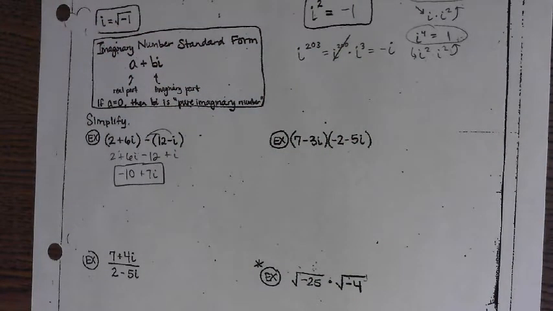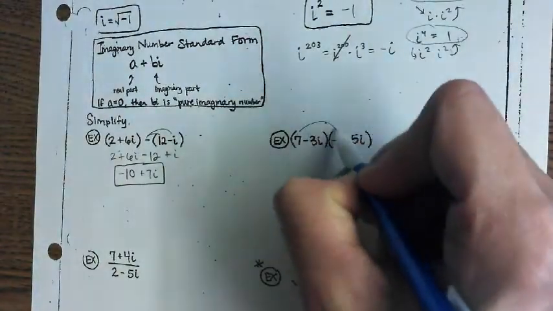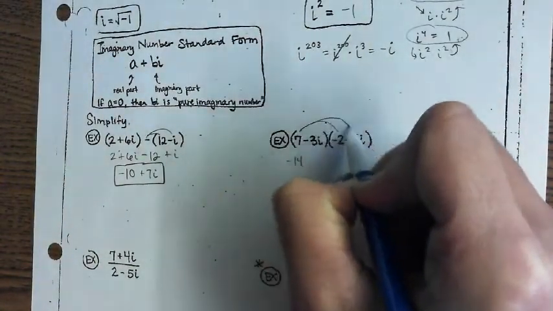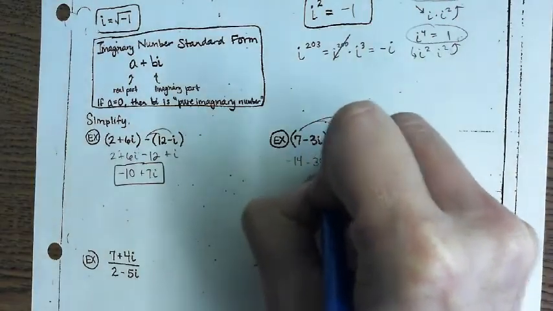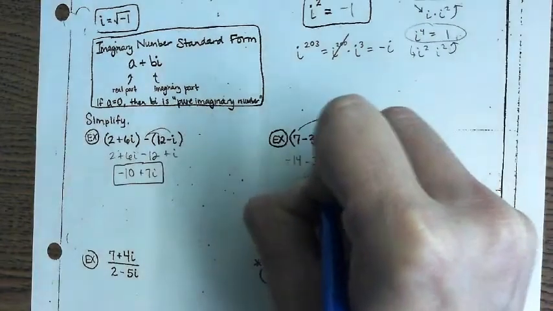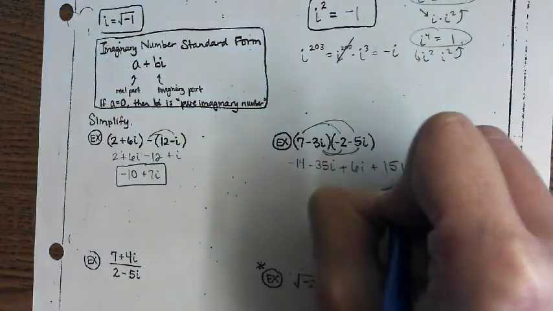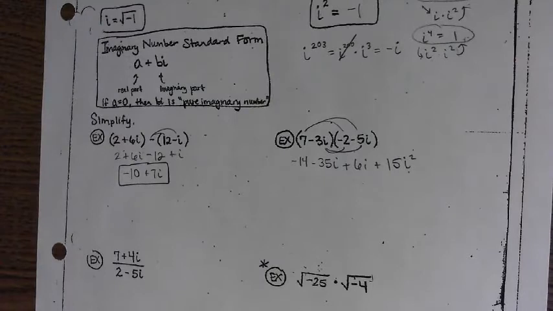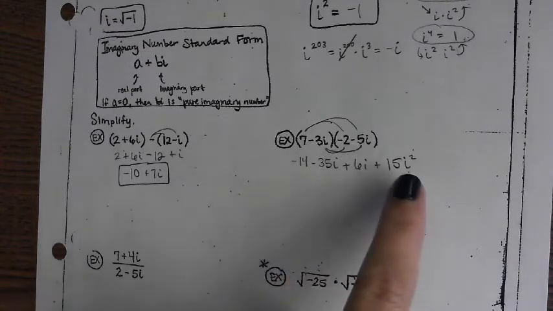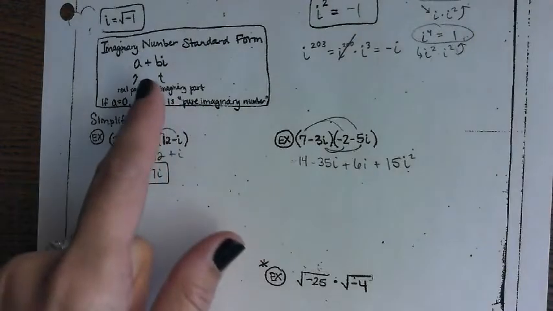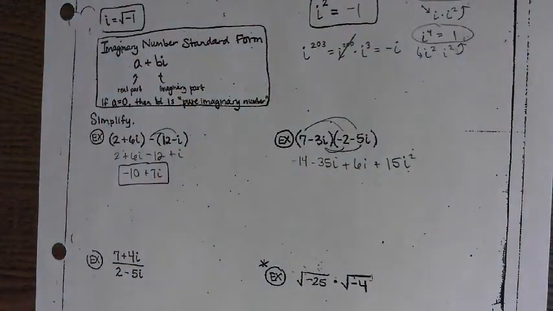Exercise 2, multiplication. So we're just going to FOIL. And what happens is we really have 3 types of terms. We have constant, we have i terms that can be combined, and we have an i squared term. But imaginary number standard form should only have 2 types of terms, an i term and a constant.